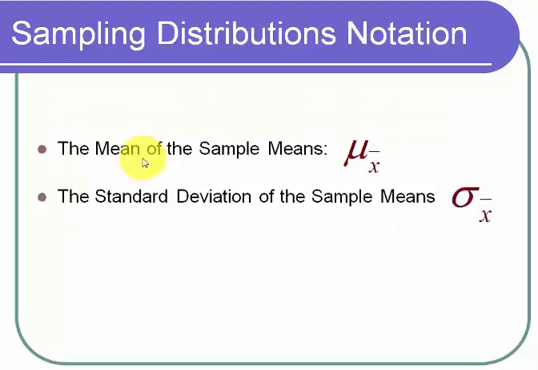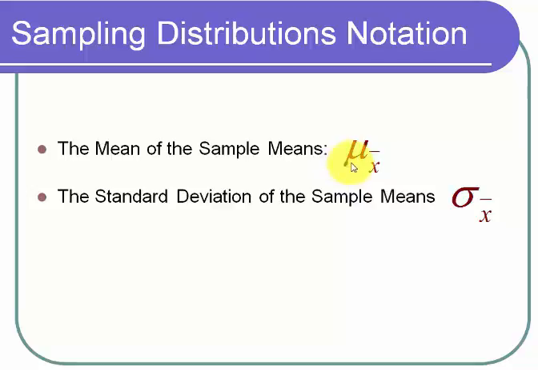And in particular, we have some special notation for this. So if you look at all the possible means that are sample means from samples of size n, and we look at the mean of those sample means, then we call that mean mu sub x bar.